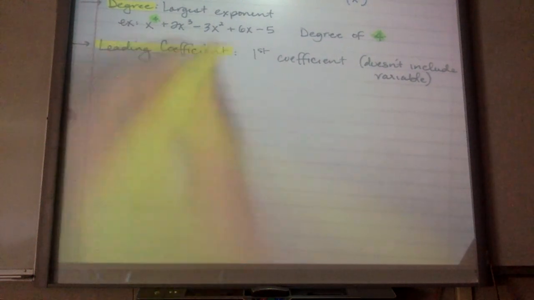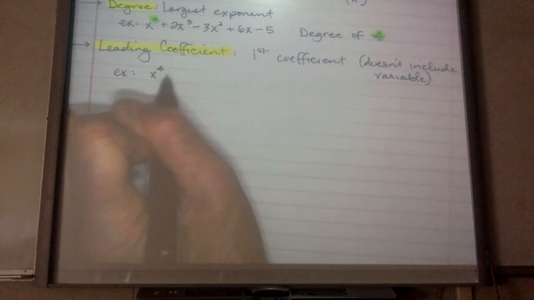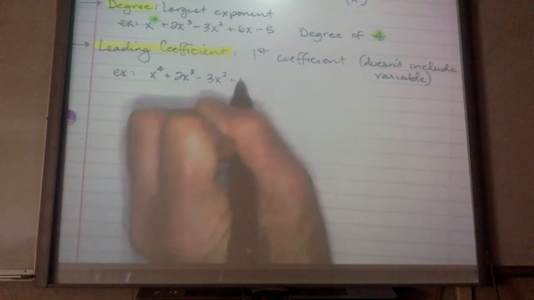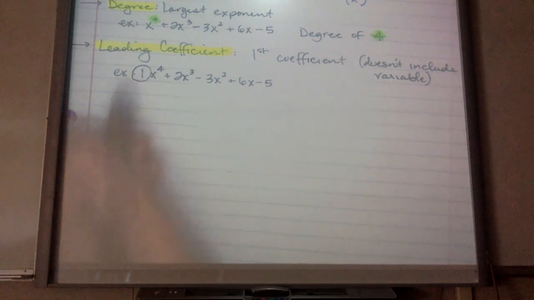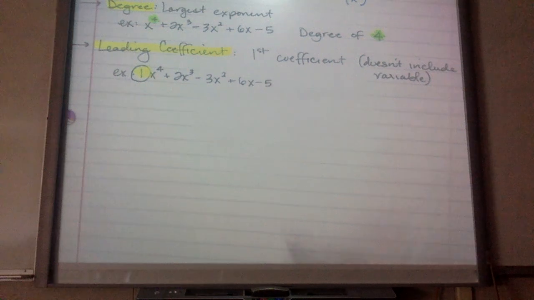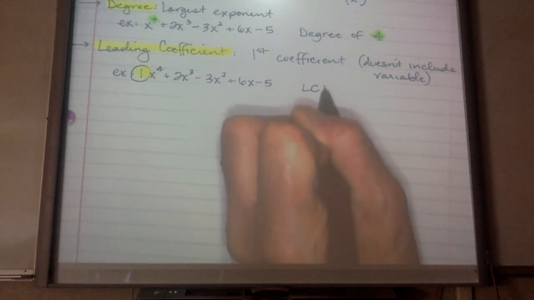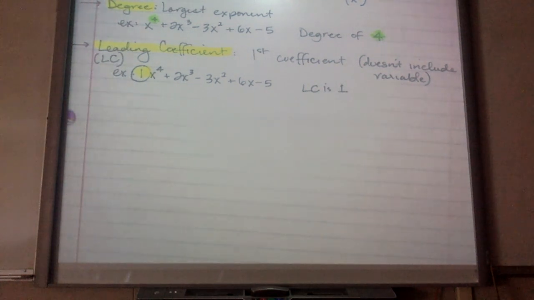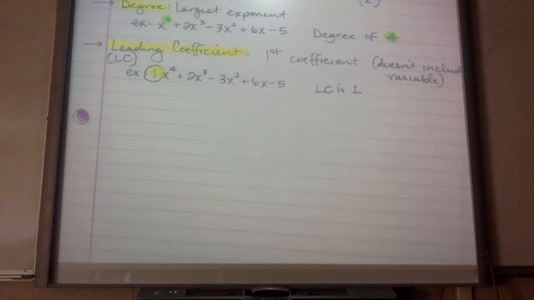So for example, same polynomial, x to the fourth plus 2x cubed minus 3x squared plus 6x minus 5. There is an invisible 1 right here. And that, my friends, is your leading coefficient. So my LC is 1. Now, I use LC because leading coefficient has a million letters, and I don't want to write them all. So I will write LC for leading coefficient.